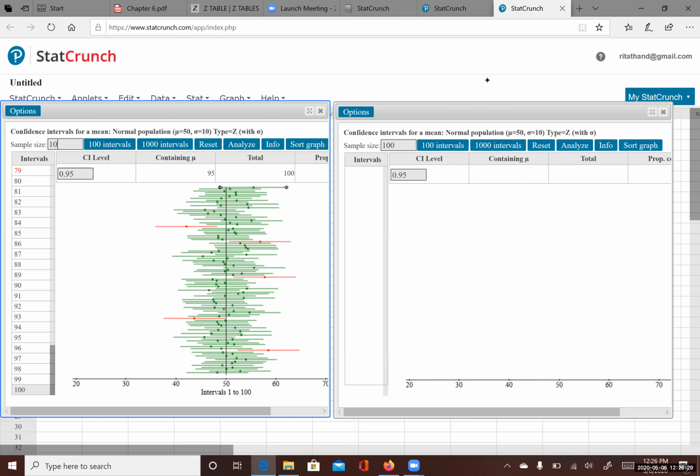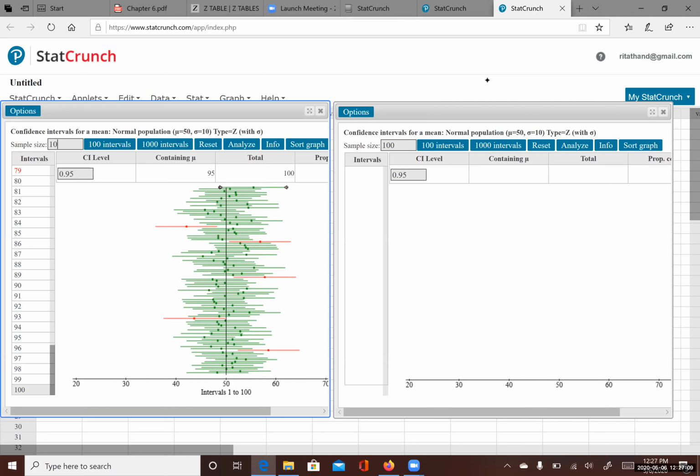So imagine if you just go out and collect one sample of, let's say, 30 students and ask for their commute time. Your sample can be one of these samples right here. Maybe your sample will capture the population mean, or maybe it will miss. If you only collect one sample, it's really hard to say whether your confidence interval captures the population mean.